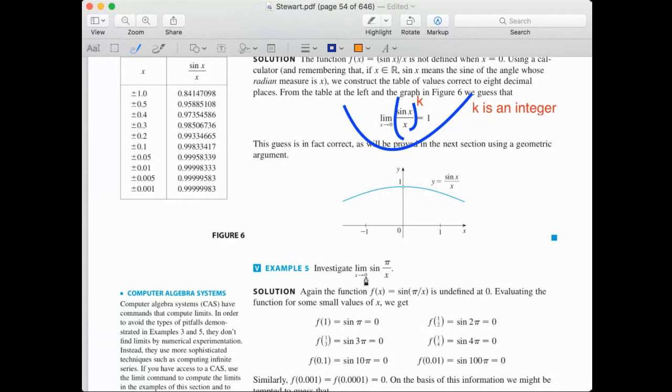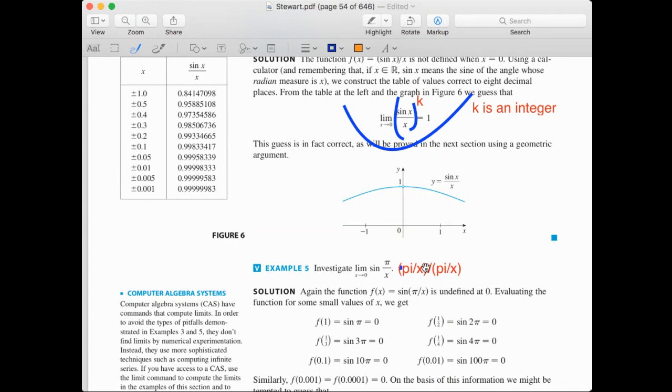So we have a sine of pi over x. So the angle is pi over x. So what do we have to do? We just have to multiply by 1, and this 1 is pi over x, in parentheses, divided by itself.